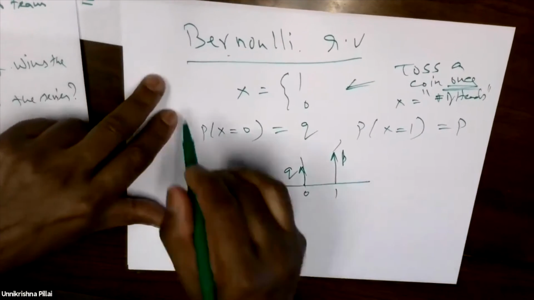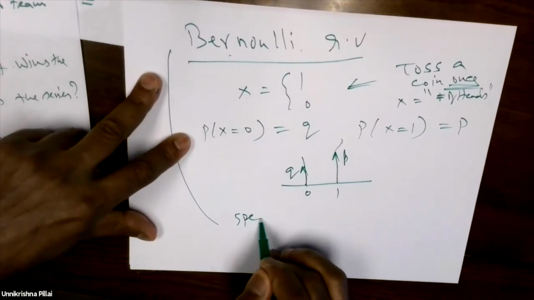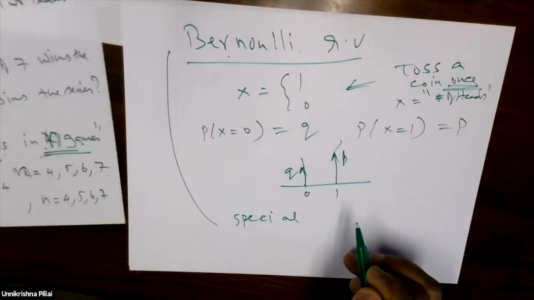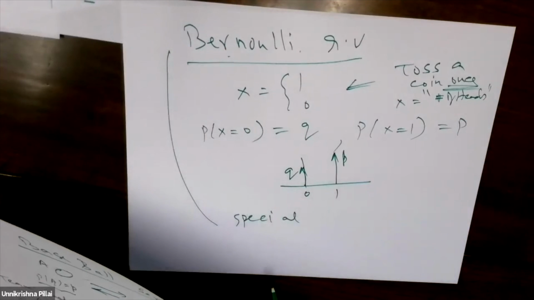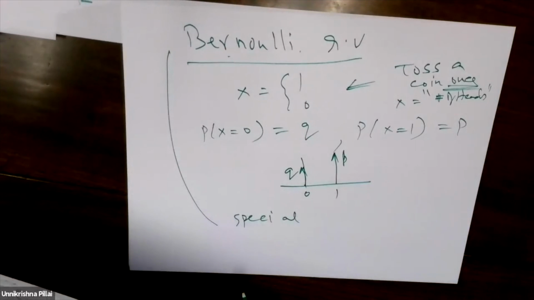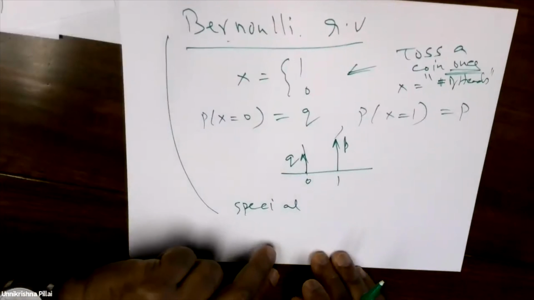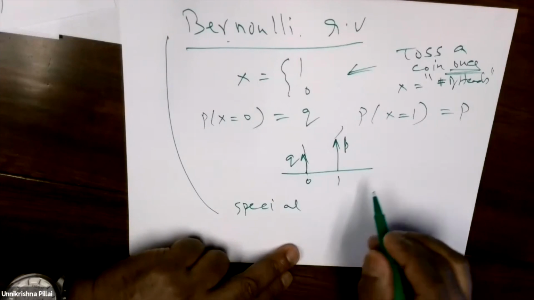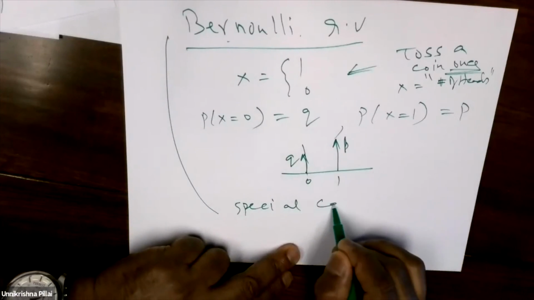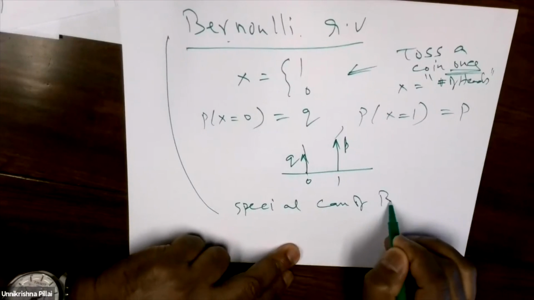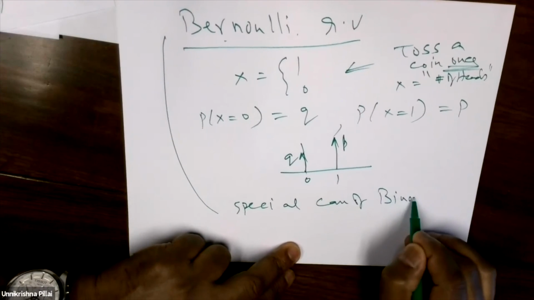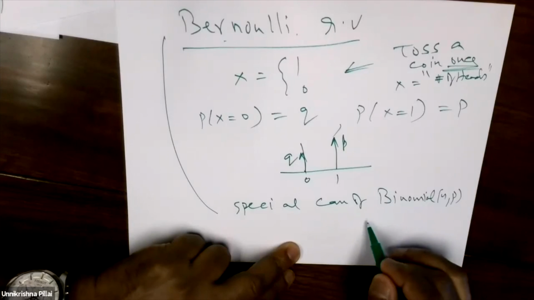So Bernoulli is a special case of binomial, right? Because in binomial you could toss n coins. So you put n equal to 1, you get this case. Binomial is n comma p.